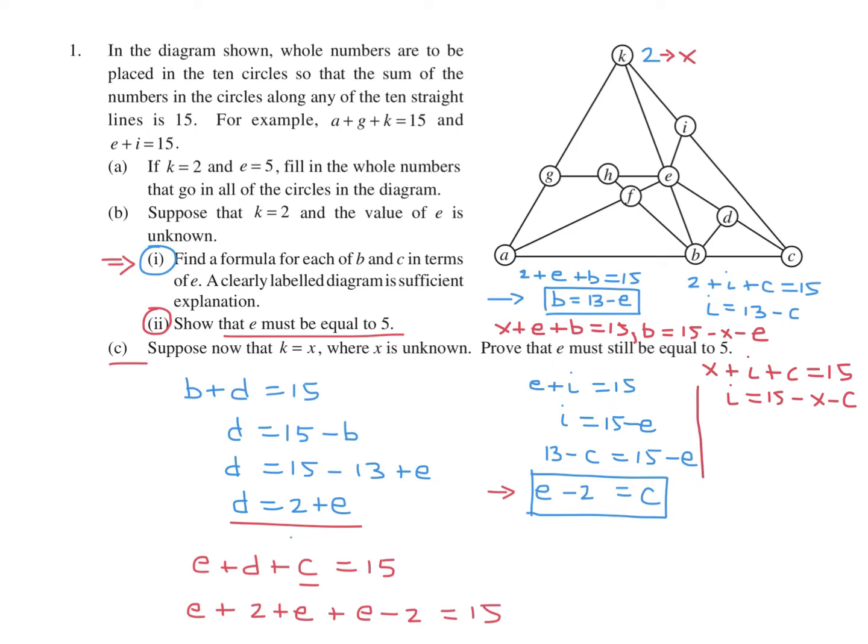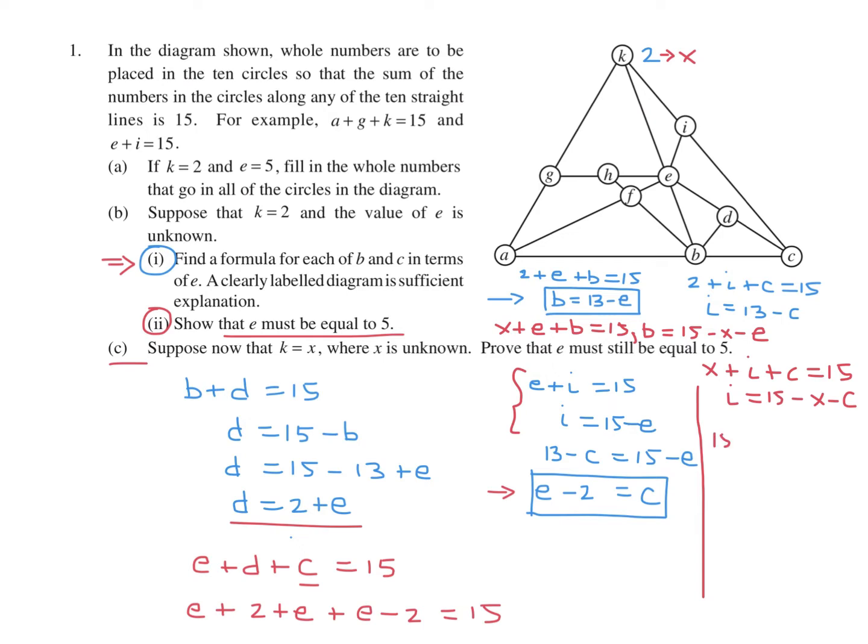Continuing in the exact same way, where did we go next? We went here, so that was E plus I. E plus I is 15. That doesn't change, it's exactly the same, so I'll just keep it. But now we equated these guys, that I equals I, so we have to equate that.